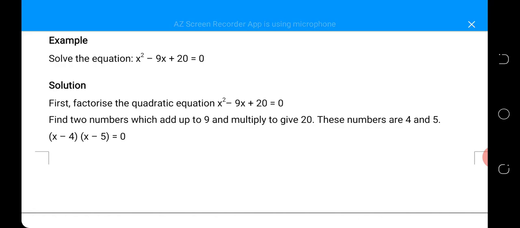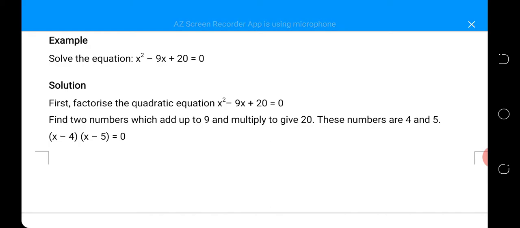Then after that, we look for the constant we have in the equation, which is plus 20. We look for the two numbers that when we multiply is going to give us plus 20, and when we add, it's going to give us minus 9, the middle term.